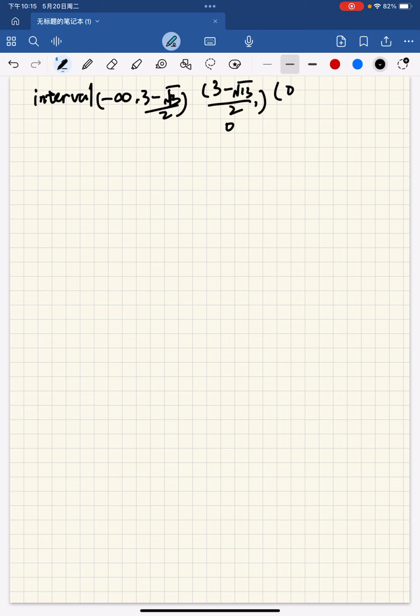The third part will be the second critical point to the third critical point, which is 0 to the third. The fourth part will be the third critical point to positive infinity.